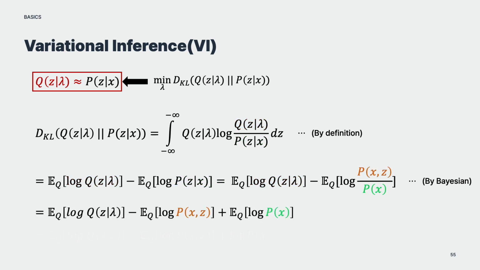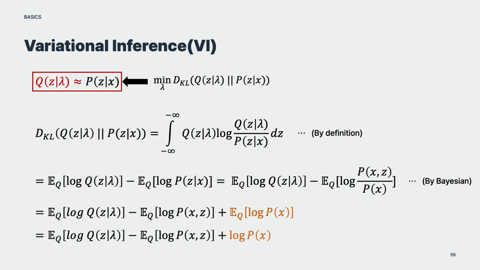This expression can be rewritten using logarithmic rules as follows. And as a result, the term inside the final expectation can be taken outside, removing the expectation. We have expanded the expression starting from the KL divergence all the way to the final term. Let's keep these two components in mind as we continue the derivation.